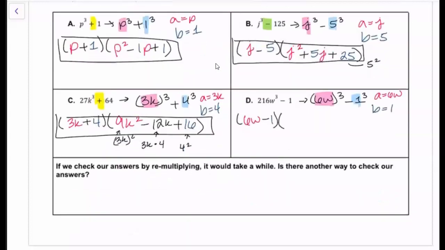So A squared is going to be 36w squared, because you have to square this one. So 6 squared is 36, w squared is w squared, plus A times B, which is just 6w, plus B squared, which is 1 squared, which is just 1.